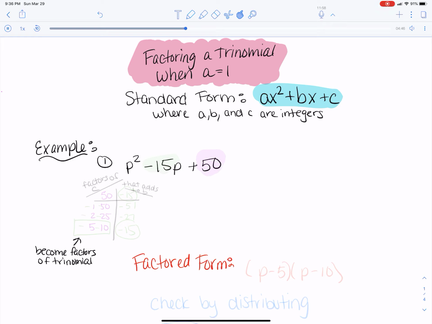So this is where we made the chart. If you remember how to factor and you don't need to write the chart, that's perfectly fine.